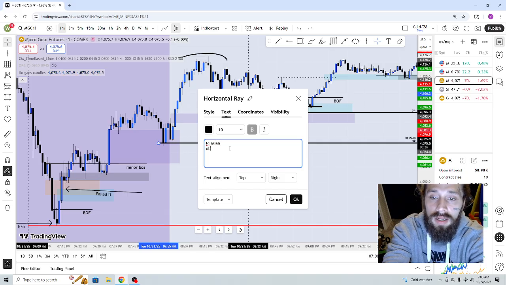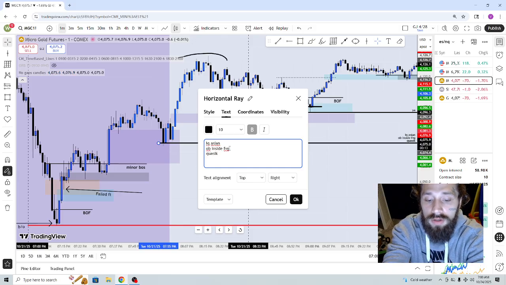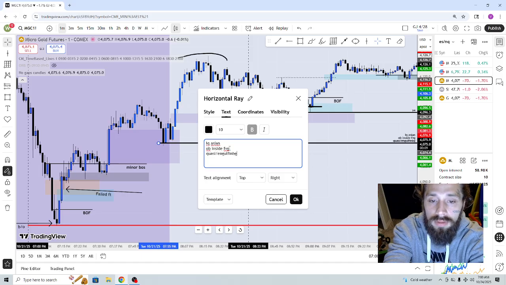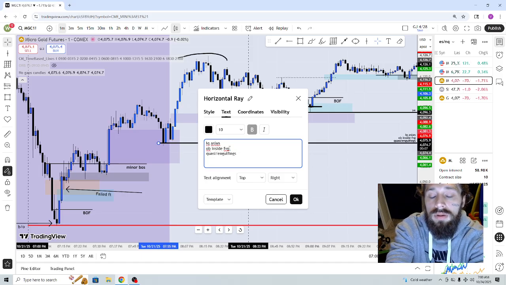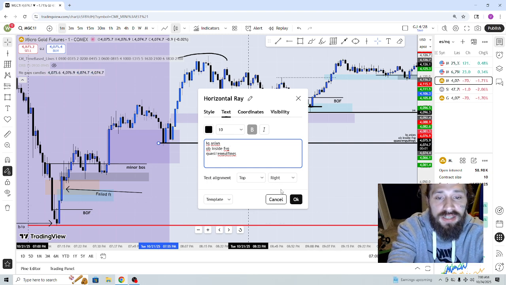It's an order block inside of a fair value gap. Inside of that fair value gap, we have a quasi. Inside of that quasi, we got engulfings. So that's what that line signifies, and it all happened inside of Asia.